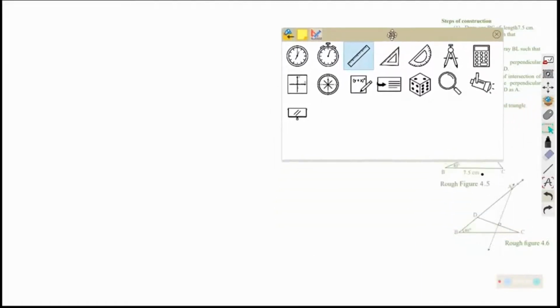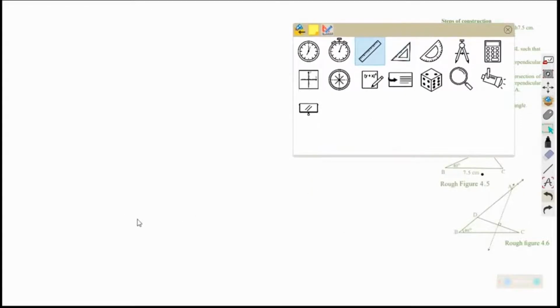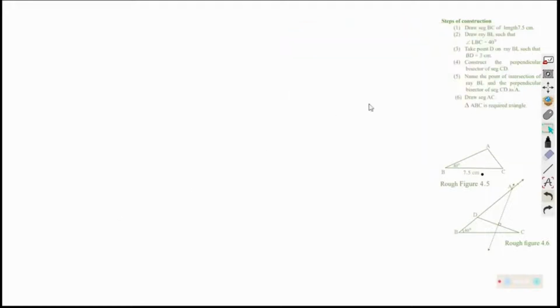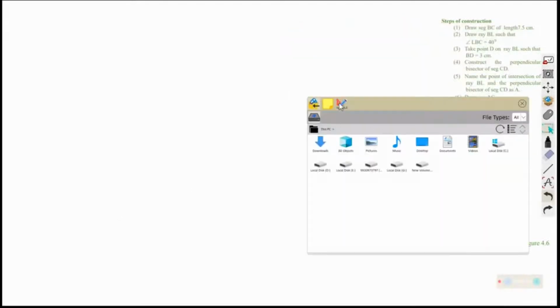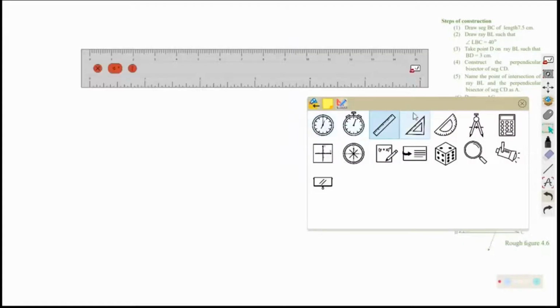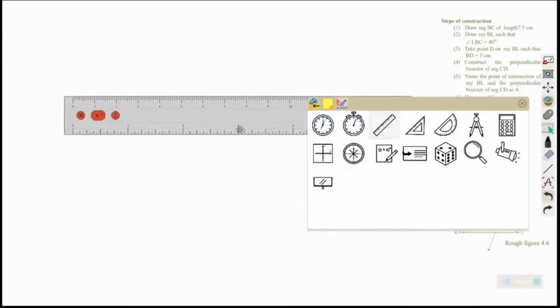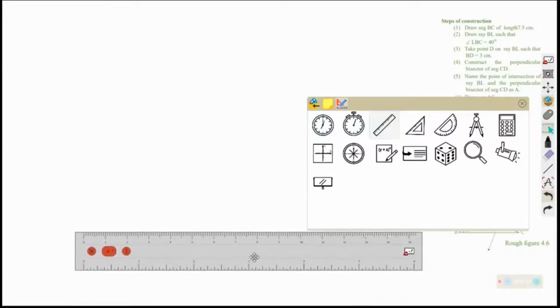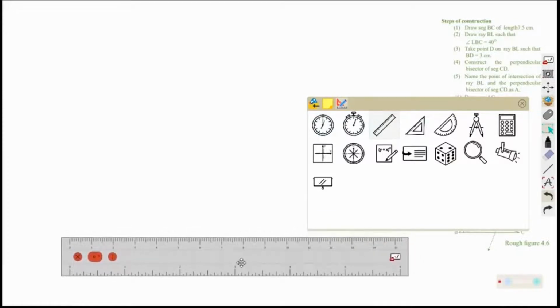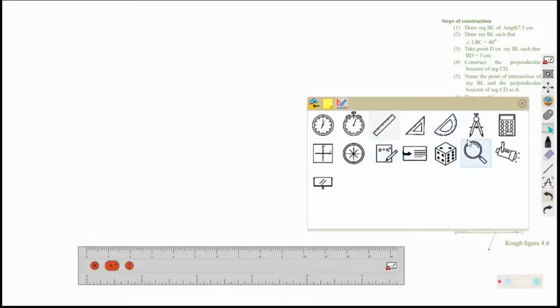For construction again, we need the ruler first in order to make the required measurement of the base. The base given over here is 7.5 centimeter. 7.5 centimeter का एक base बनाना है. Let us make the base of 7.5 centimeter. Come back, we will draw 7.5 centimeter first.